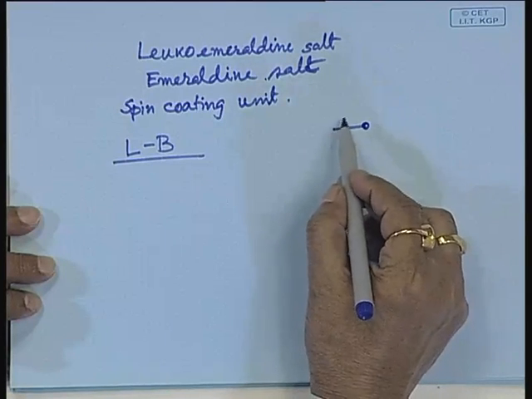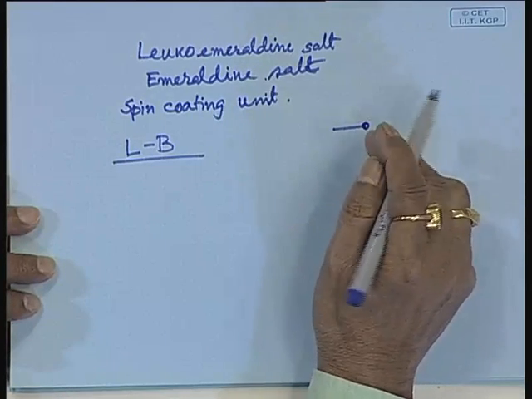So, a stearic acid molecule looks like this. So, you take the solution of stearic acid in chloroform or some organic solvent, which is immiscible with water. Chloroform is immiscible with water.